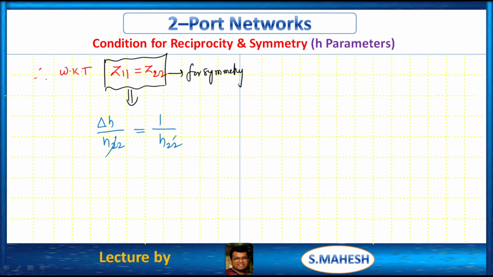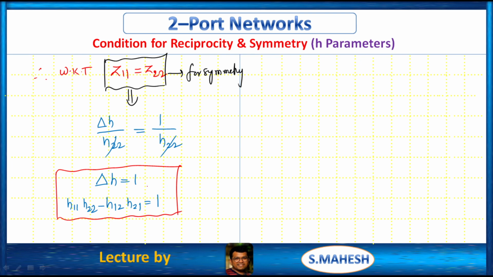From this, H22 gets cancelled. Therefore the condition of symmetry in the case of H parameters is H11 H22 minus H12 H21 = 1.